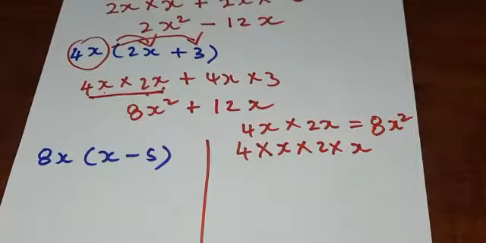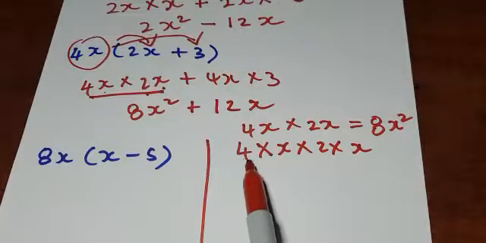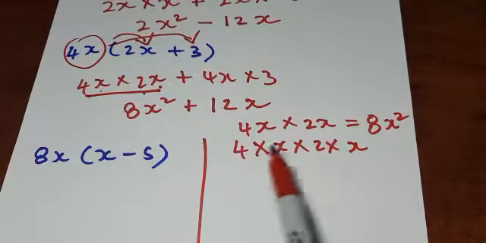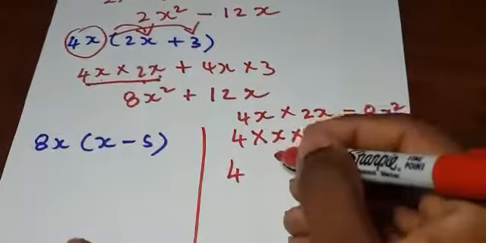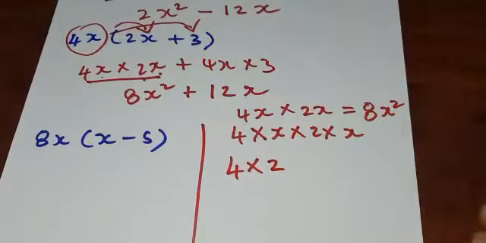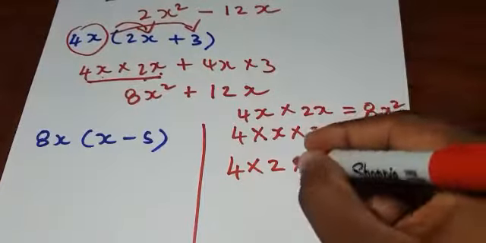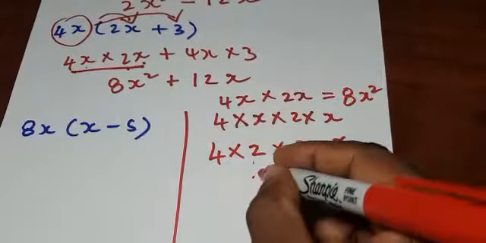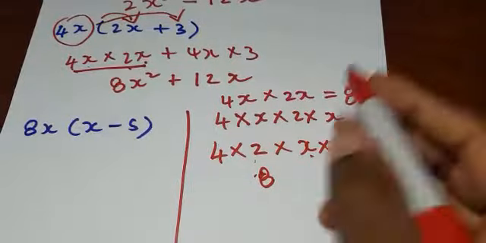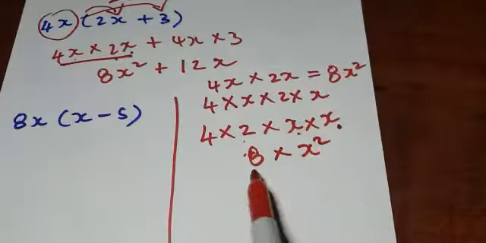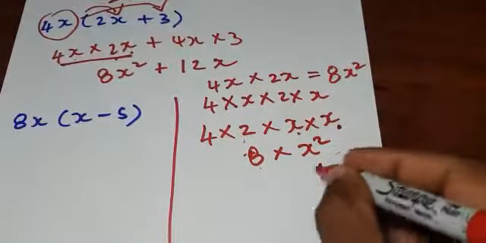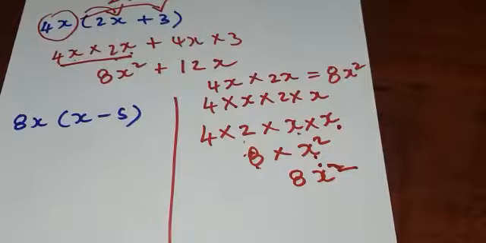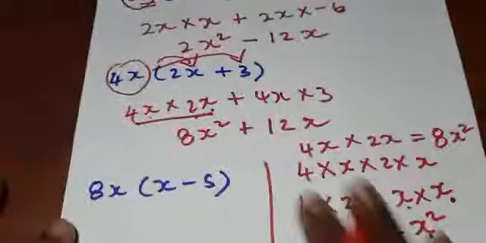Now, since with multiplication we can change the order of the terms, we can change the order of how the numbers and variables are arranged. If we put the numbers together like so, and then the x's like so, we see that 4 times 2 is 8, and then x times x is x squared. And then this results in 8 times x squared, which is 8x squared. Right? So that's just a side note, if it's not clear from here.